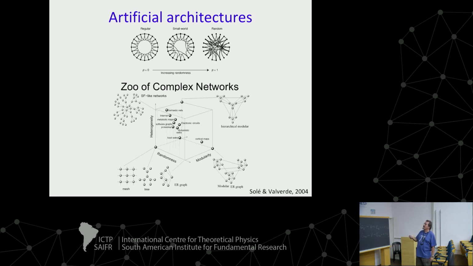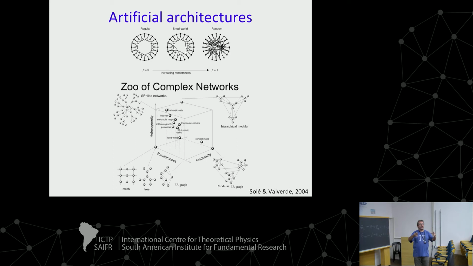And you can have, in between the two, so-called small world networks, which have both local connections and long-range connections. And there's a whole zoo of complex networks there. You can characterize them based on randomness, as here, or on modularity, because you can have networks with a modular structure.